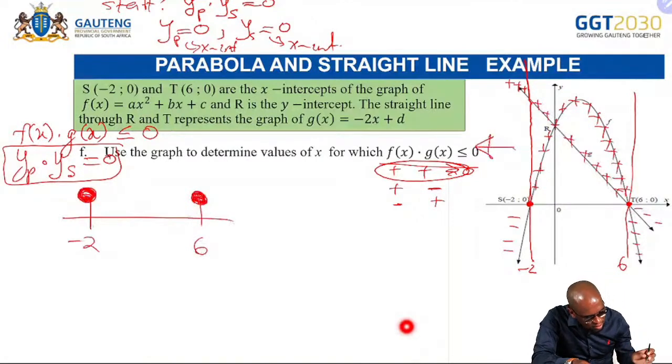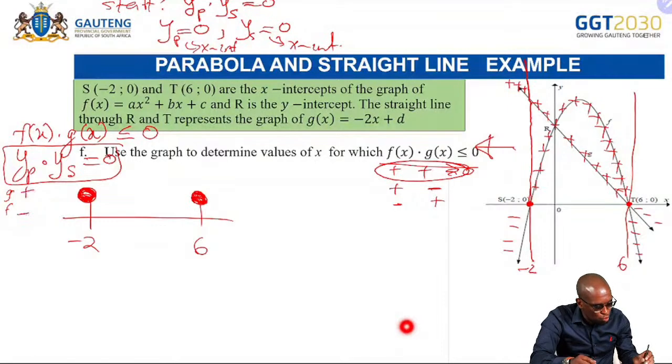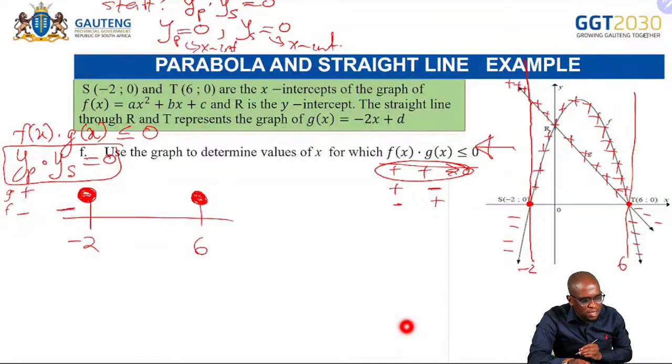You can see that G is positive, it's above the x-axis, but the parabola F is below. So positive multiplied by negative, I get a negative here.